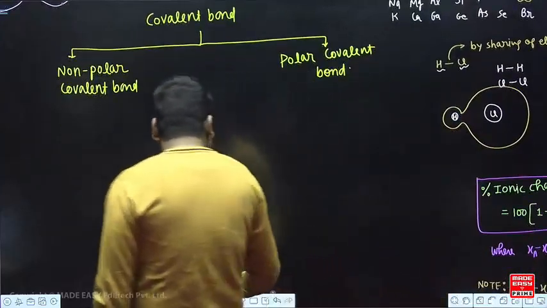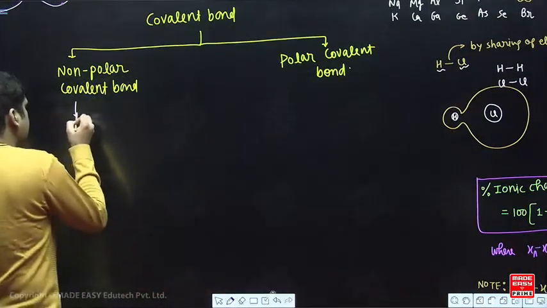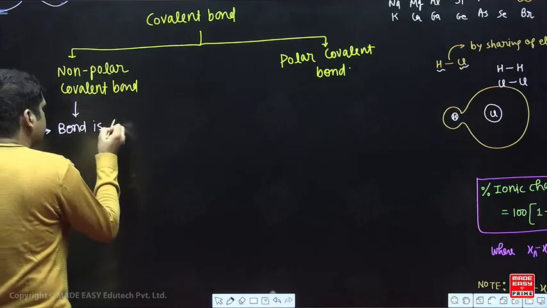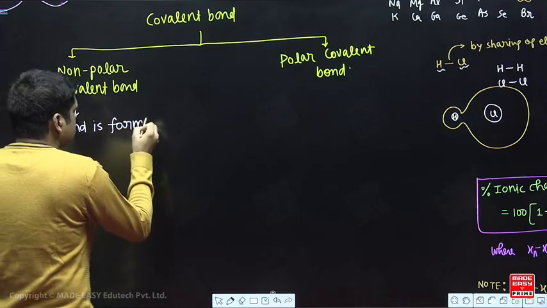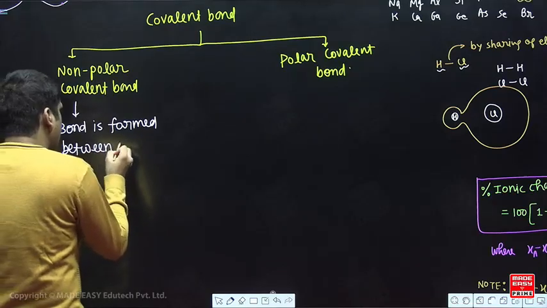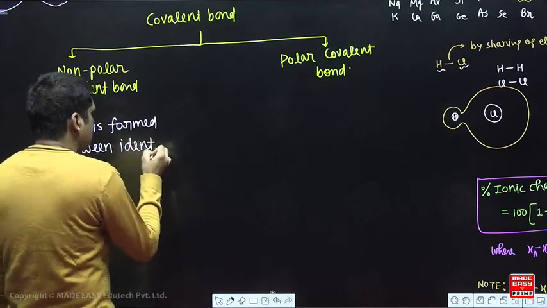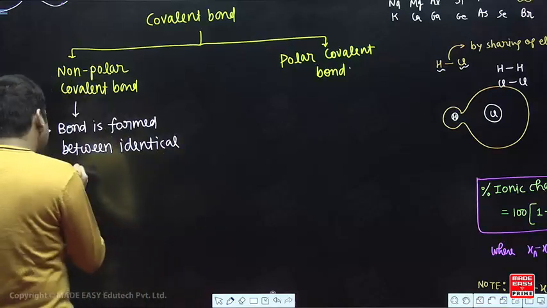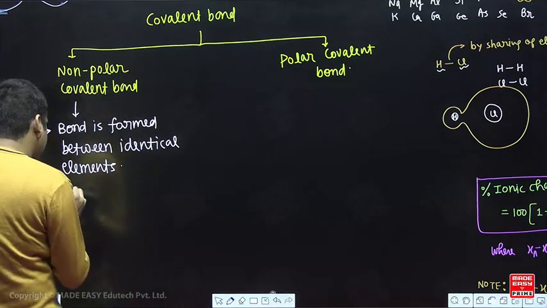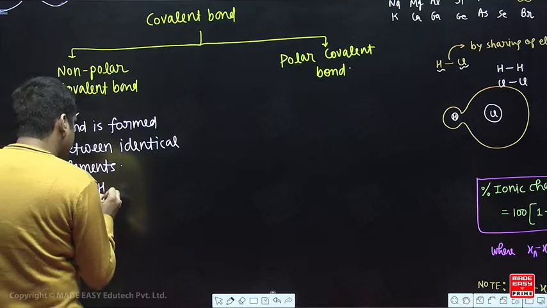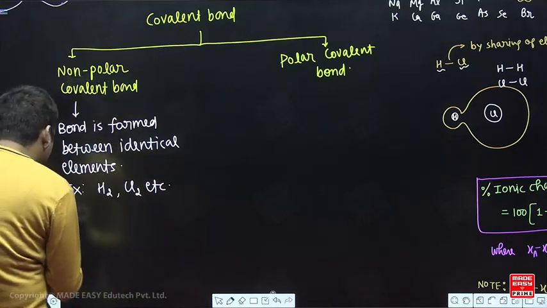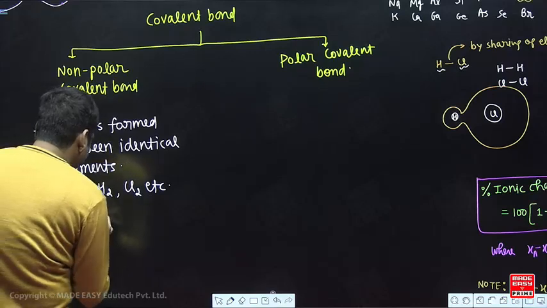Here the bond is formed between identical elements. एग्जाम्पल के तौर पर H2, Cl2, etc. Bond is purely covalent.